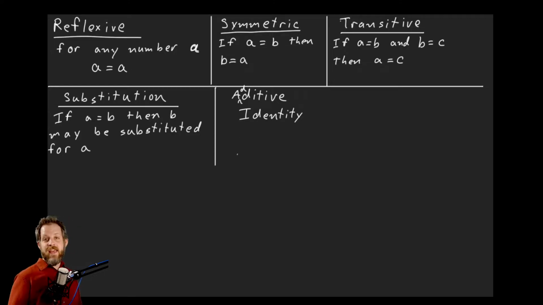Okay. The identity, my identity is a word for me, right? And so additive identity is a number that you can add to any other number and it doesn't change its value at all. So think about it for a minute. What number can you add to any other number and it doesn't change the value? Did you come up with it? I bet you did, because the answer is 0. 0 is the additive identity.